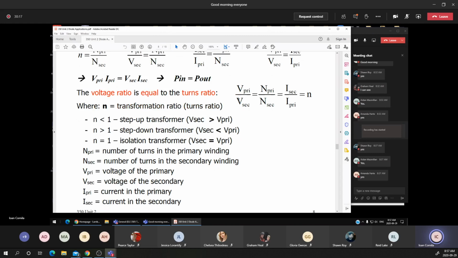And the third case: when the input voltage, or primary voltage, is equal to the secondary voltage, it means that the number of turns in the primary winding is the same as the number of turns in the secondary winding, which makes the two currents equal and N equal to 1. That's an isolation type transformer, when the two voltages are the same. We used the isolation type transformer in ELE150, the third lab.